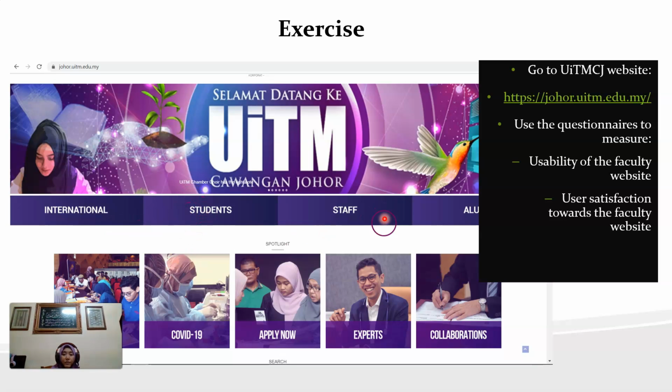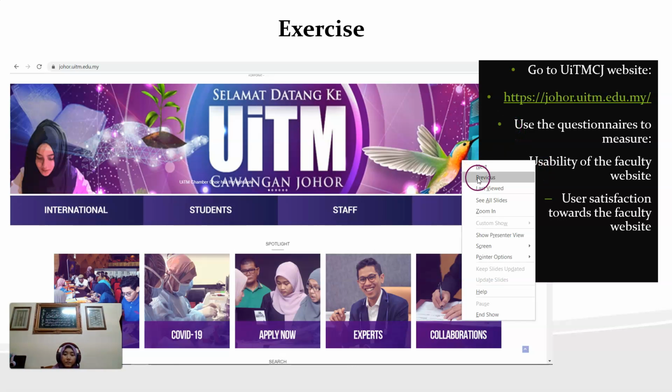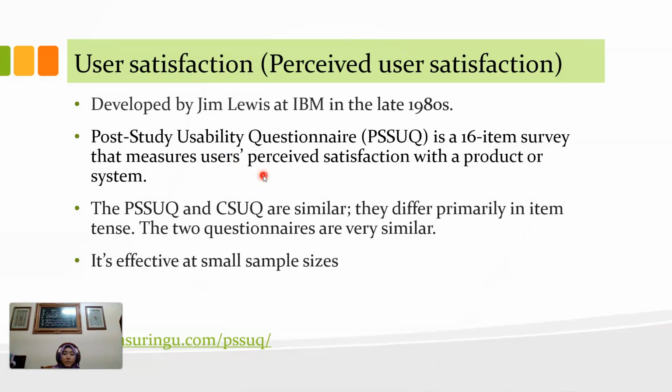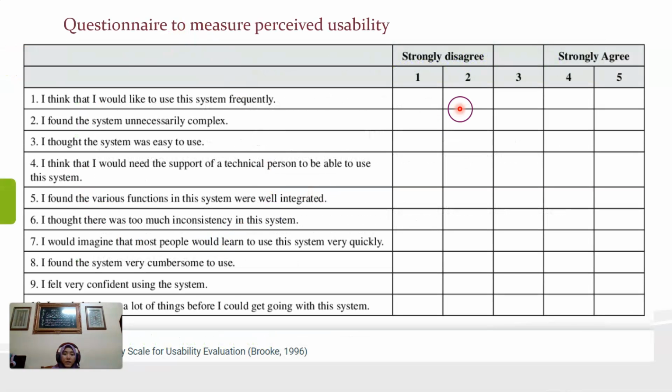Okay, for your own exercise, a self reflection on what we have learned about the methods, observation and also the evaluation, you need to go to the UiTM Cawangan Johor website, johor.uitm.edu.my, and then use the questionnaires to answer the questions using the two surveys, which are the SUS and then the PSSUQ.